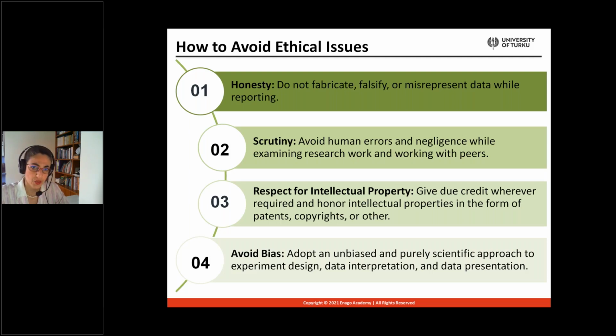Respect for intellectual property. Give due credit wherever it's required. Honor intellectual properties in the form of patent, copyrights, etc. And make sure that your colleagues do so as well, your co-authors do so as well. Avoid bias. Adopt an unbiased and purely scientific approach to experimental design, data interpretation, and data presentation. All these three different levels.